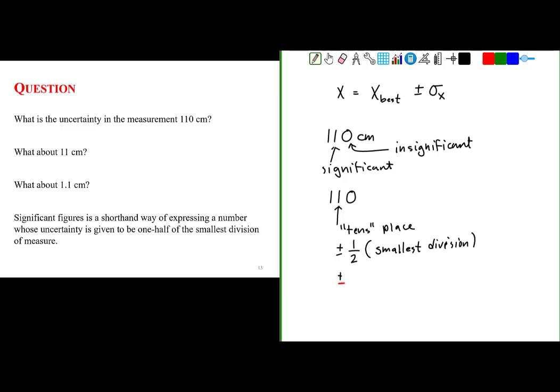So then the uncertainty in this measurement is plus or minus 1/2 times 10 centimeters, which is plus or minus 5 centimeters. This means that we could report the result of the measurement in the original way we have specified, and that would be 110 centimeters plus or minus 5 centimeters.